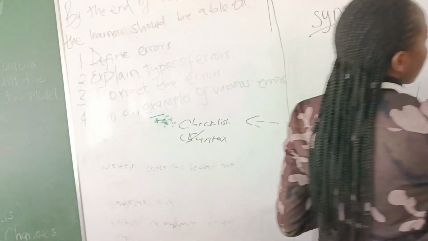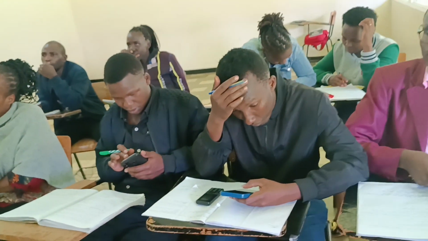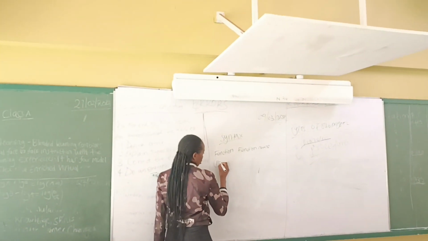So let's start with function. We have the syntax for function. For the syntax for function, we start with the keyword function. Then the next thing will be the function name. After the function name, we have the arguments.